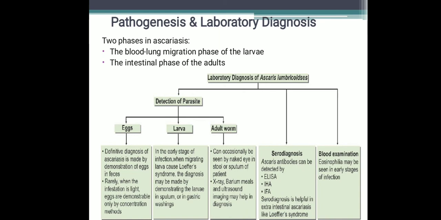All these diagnostic tests are helpful in extraintestinal ascariasis like Loeffler syndrome. For blood examination, you will see eosinophilia in early stages of the infection. So that's all about the lab diagnosis of Ascaris lumbricoides.